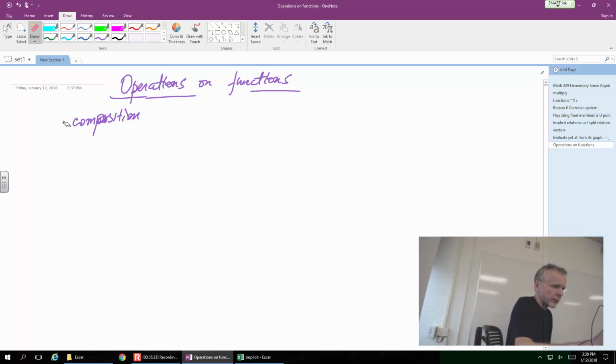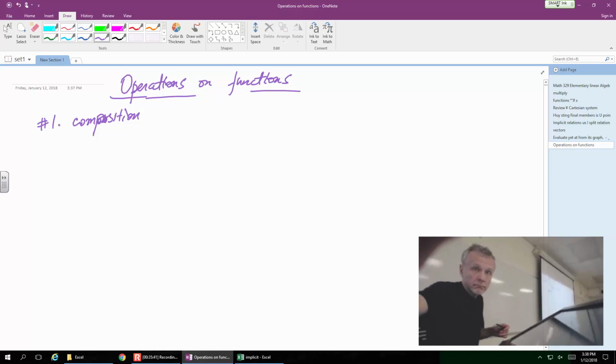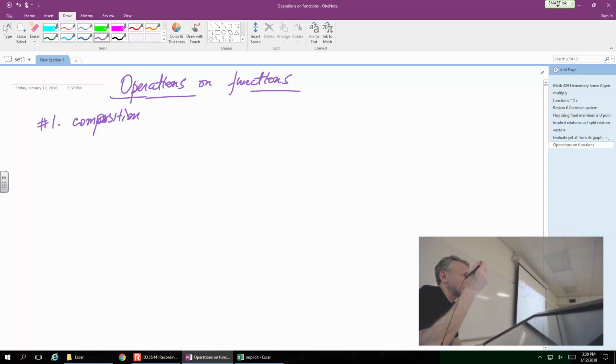Remember operations on functions from calculus or pre-calculus, which are pretty much an analog of operations on numbers. There is no composition of numbers, but there are 4 operations on numbers, and we can have 4 operations on functions: addition, subtraction, multiplication, and division.